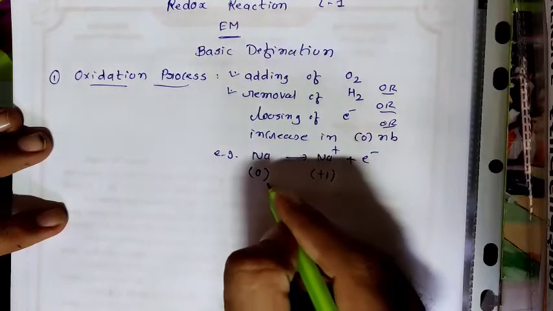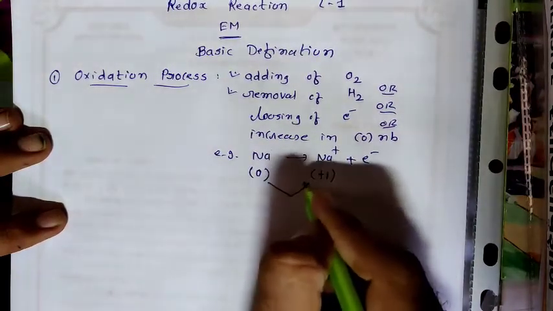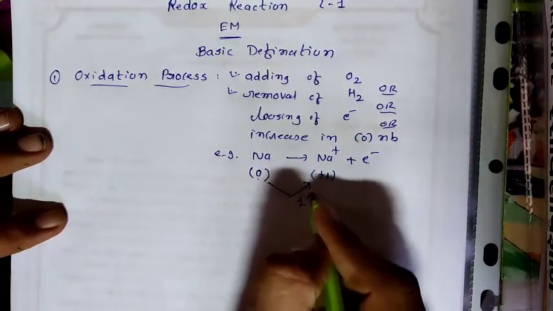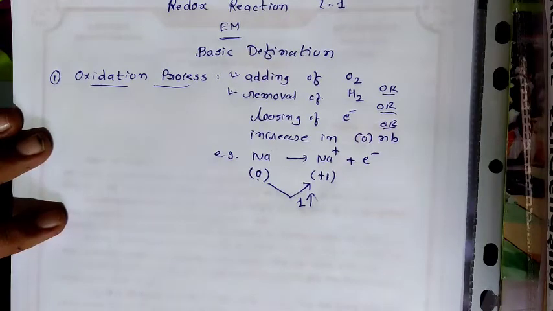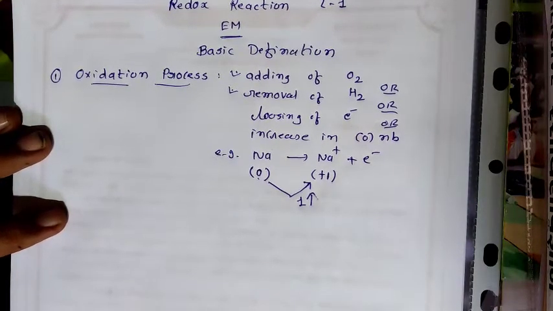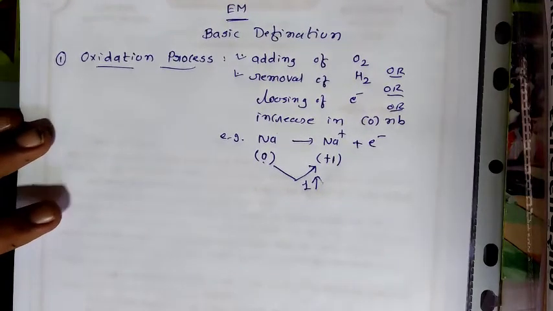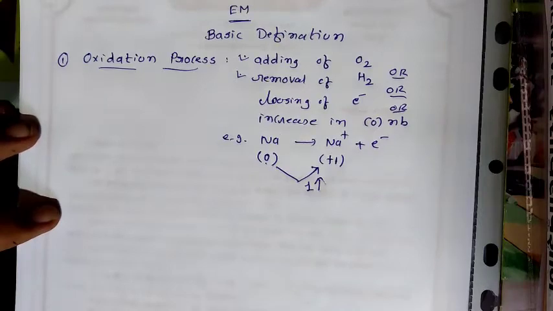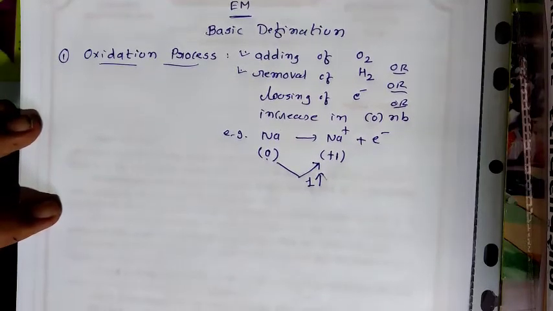The oxidation number increases from 0 to plus 1, so 1 number increases, that is the oxidation process. And in simple words, oxidation number is similar to the charge of any atom.